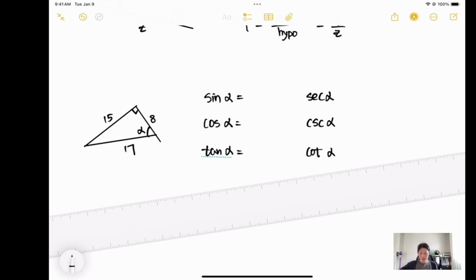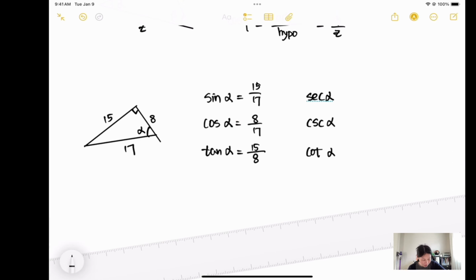Now, let's start with sine. Sine alpha is what? The opposite side over the hypotenuse, which is 15 over 17. Cosine is the adjacent over the hypotenuse, which is 8 over 17. Tangent is the opposite over the adjacent, which is 15 over 8. Secant is 1 over, there are multiple ways to do it.